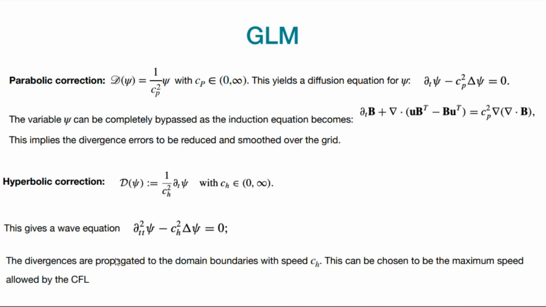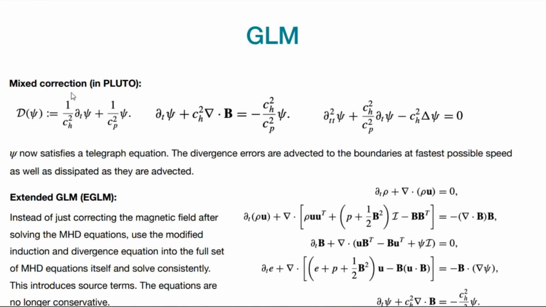This Ch can be chosen such that, given the CFL criterion for your time step, you can devise what kind of speed you can have, whether it be the sound speed or the fast speed doesn't matter. Just from the time step itself, which you have calculated internally by other arguments, you can calculate that. Fine. So ultimately what we use is something to decay as well as get advected to the domain boundary.